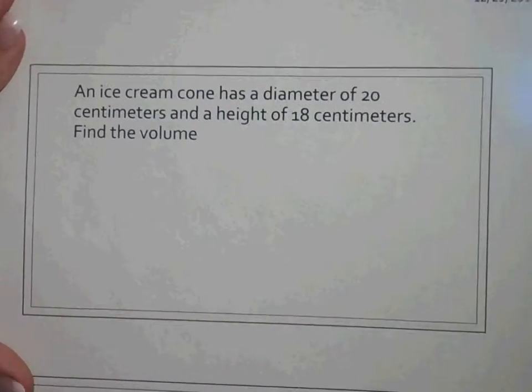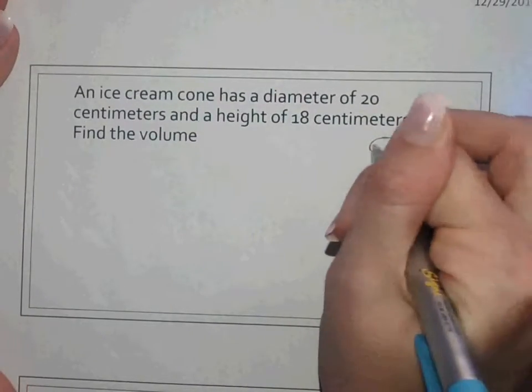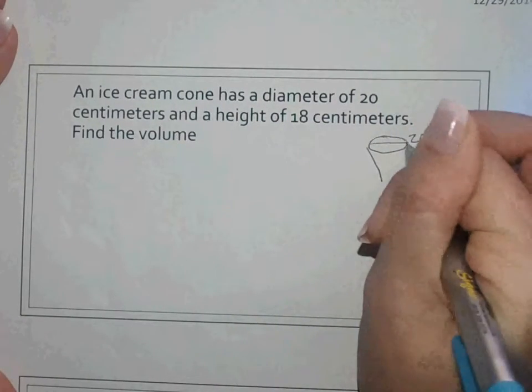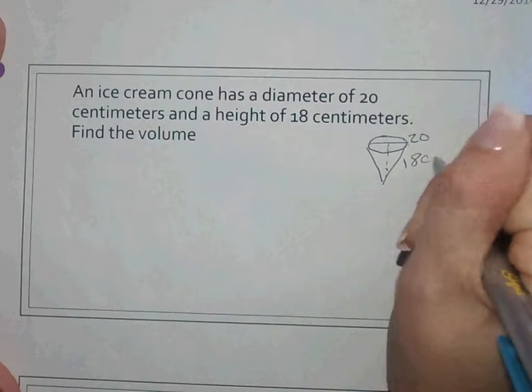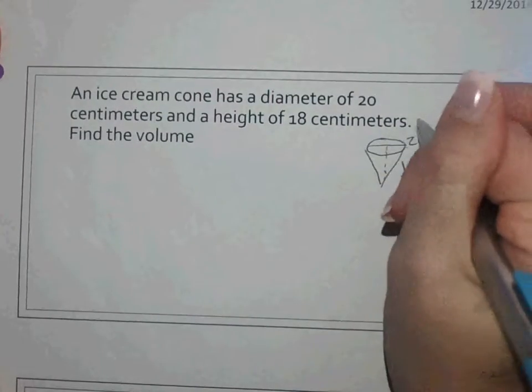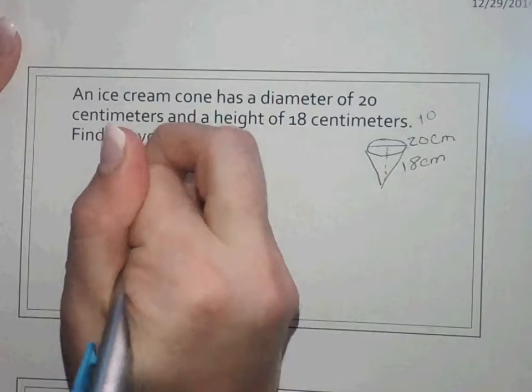Okay, an ice cream cone has a diameter of 20 centimeters, so all the way across is 20, and a height of 18 centimeters. So the radius will be 10. So I need to write my formula.